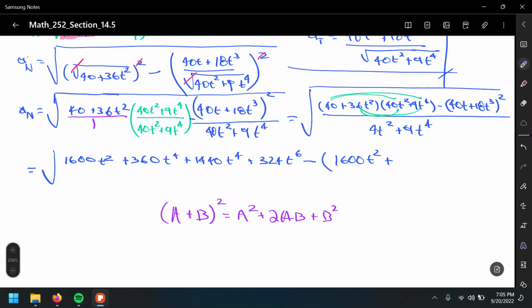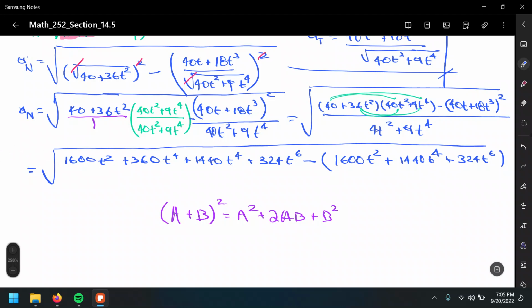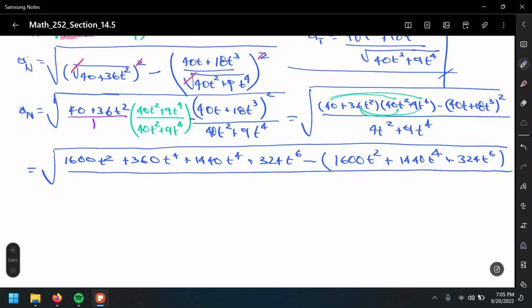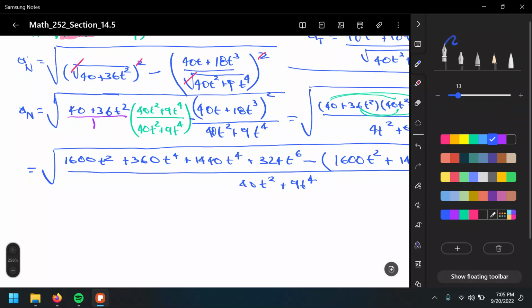And then plus 2 times 40 times 18, which is 1440 t to the fourth. Plus 18 squared, which is 324 t to the sixth. Everything under the radical. And divided by 40t squared plus 9t to the fourth. Okay, so let's cancel out terms.